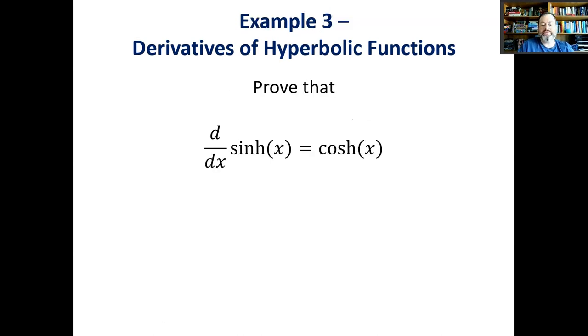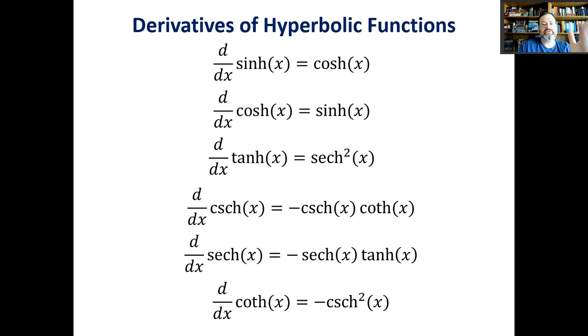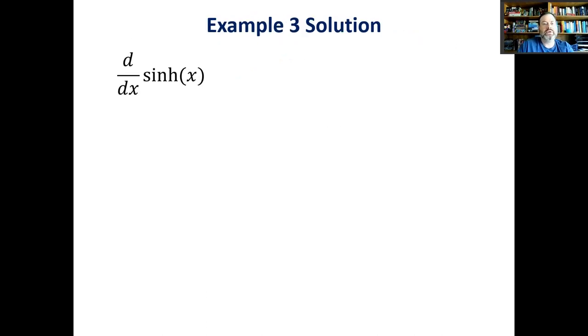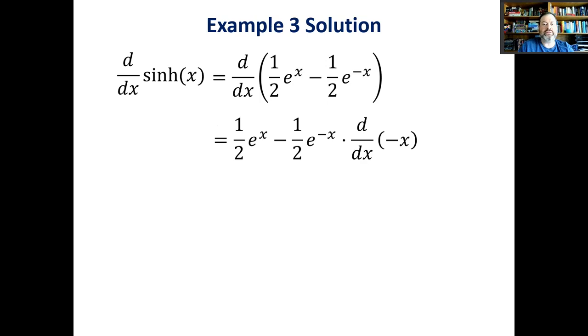So let's go ahead and prove this. It's a real easy proof. It's the only one I'm going to prove. The rest of these are very similar, so I'm just going to prove the first one so you know that it's believable. So I'm just going to plug in the definition and evaluate the derivative. Don't forget your chain rule on the e to the minus x. Remember, you don't need a chain rule on e to the x, but you need a chain rule on e to the minus x.